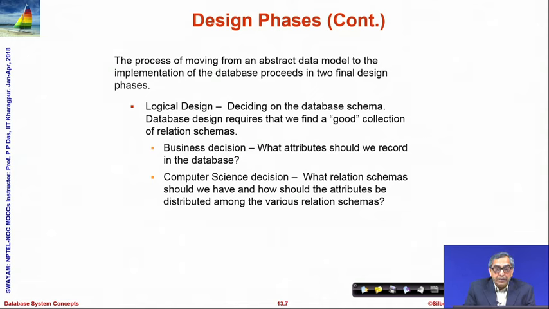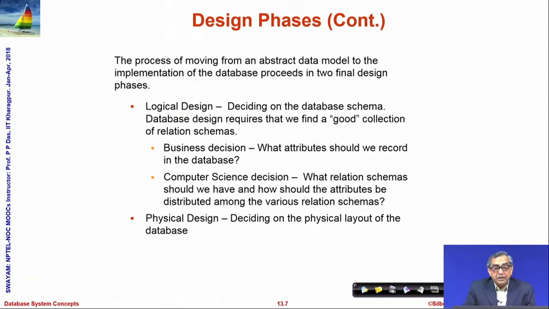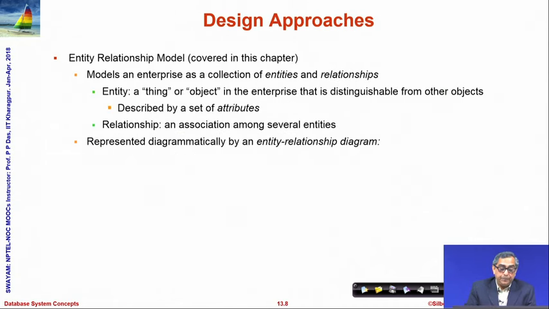We need to make computer science decisions as to how the relational schemas will be interrelated between themselves and how the attributes will be distributed. And at the last phase, we need to also decide on the physical design, which will tell us the physical layout of the data. So, conceptual design refined into logical design, finalized with physical design, is our gross process of design.